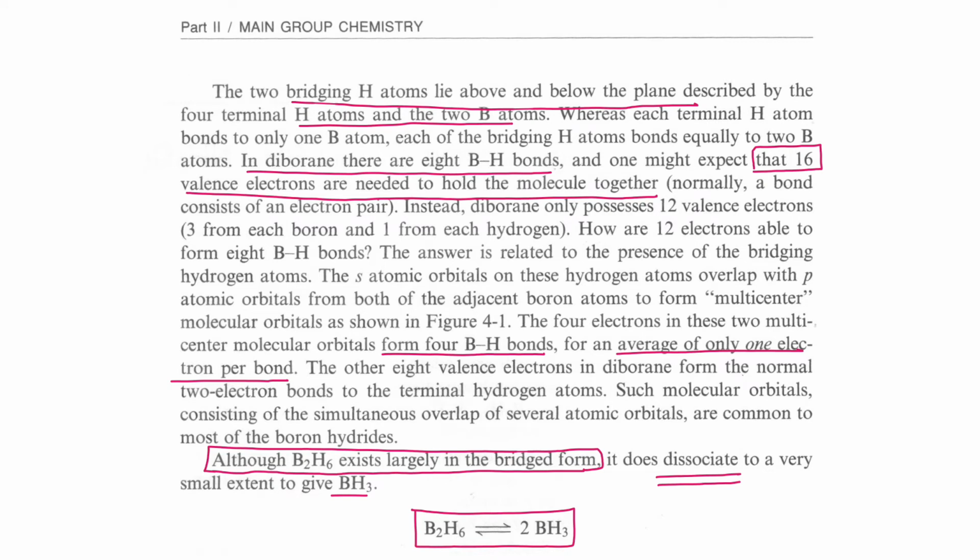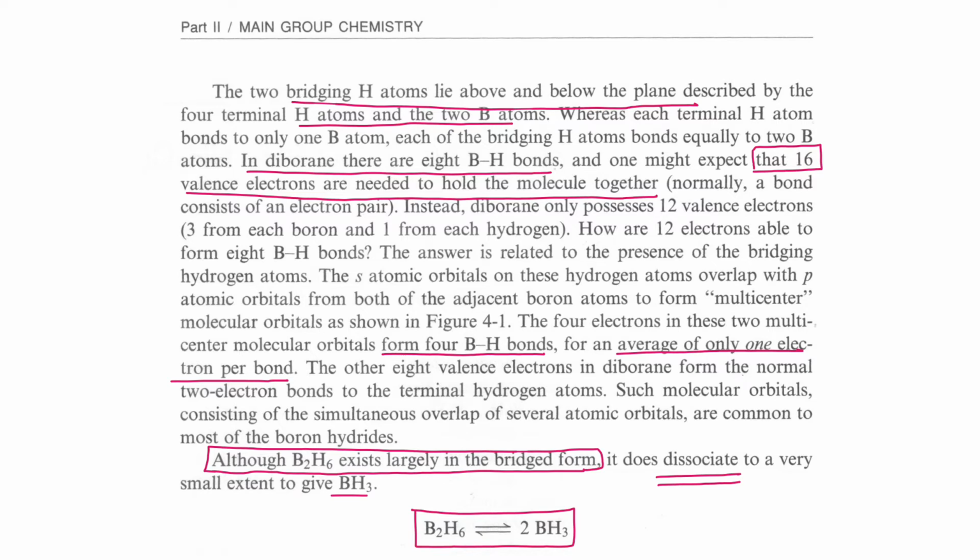Now the two bridging hydrogen atoms lie above and below the plane which contains the boron atoms. Each terminal hydrogen atom bonds to one boron atom, while each bridging hydrogen atom is bound equally to two boron atoms.